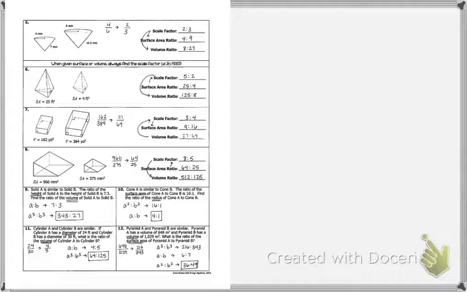Alright, let's go to 6 through 8. Here we go. So what's going to happen here is no longer will they give you the dimensions. Nope, they will not give you the dimensions. But what they are giving you is pieces. They're giving you surface area. Ooh, surface area, that means the ratio you're going to get goes right here in this area.